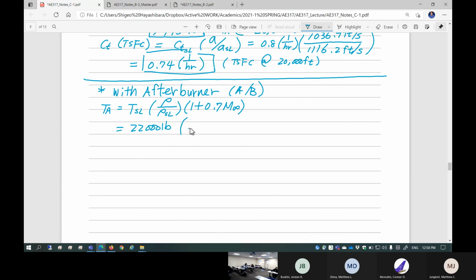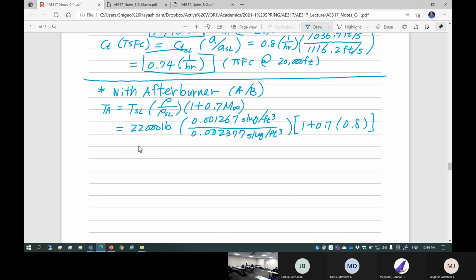Then you're going to plug in, once again, the density ratio, which is 0.001267 slug per cubic foot divided by 0.002377 slug per cubic foot, multiplied by 1 plus 0.7 times Mach number 0.8.